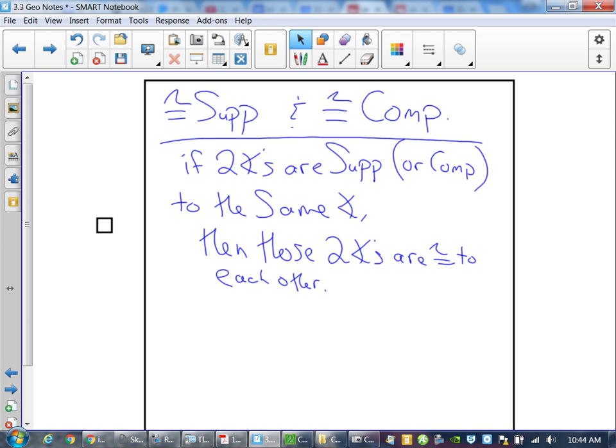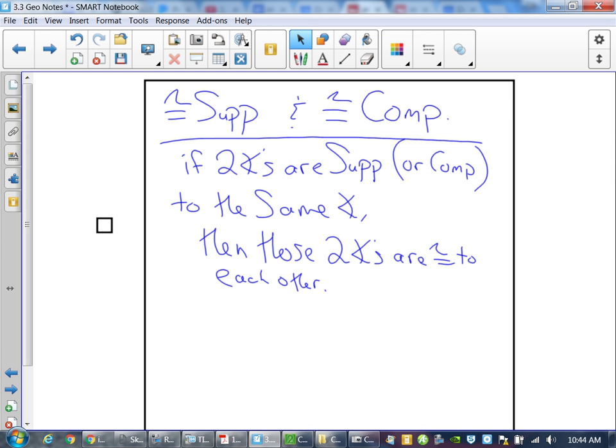So if two angles are supplementary or complementary to the same angle, then those two angles are congruent to each other. It's the same definition, just one of them says supplementary, the other one says complementary. It does the same thing.